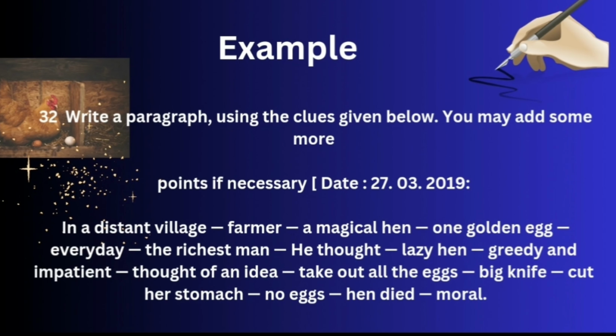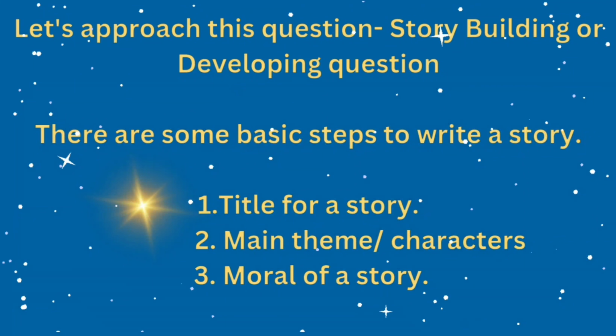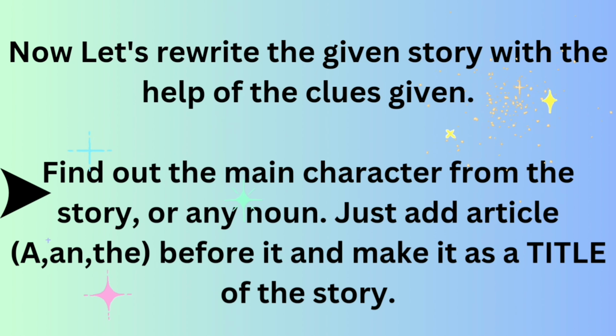The story is given in bits with some hyphens and dashes, which you are going to fill and rewrite the story in a correct way by following all the procedures I have explained. Now let us see what tricks we can practice to gain excellence in the story development question.